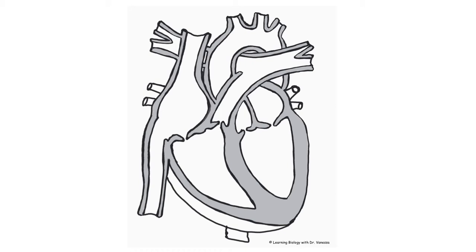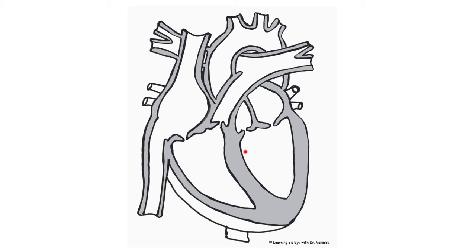Now, before I was showing you the heart, and because of the way the camera was pointed at me, you didn't really understand the difference with the right and the left. This picture shows it exactly how I meant it. Okay, so right here, though it's on your left-hand side, is the right side of the heart.